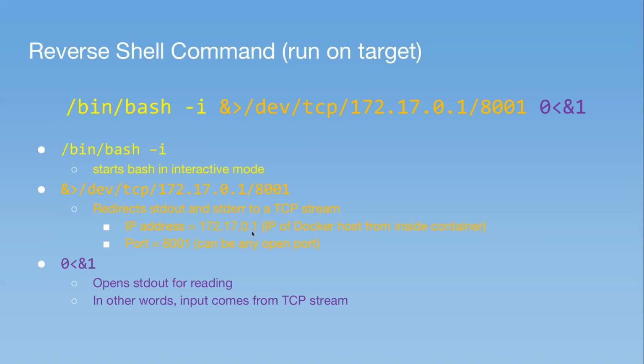The first container has IP address ending in 2, the second container has IP address ending in 3, and so on. This is how, by default, the network works in Docker. So what I want to do is initiate a reverse shell from the container onto the server, or onto the Docker host. And so I need to pass in the IP address of the Docker host.